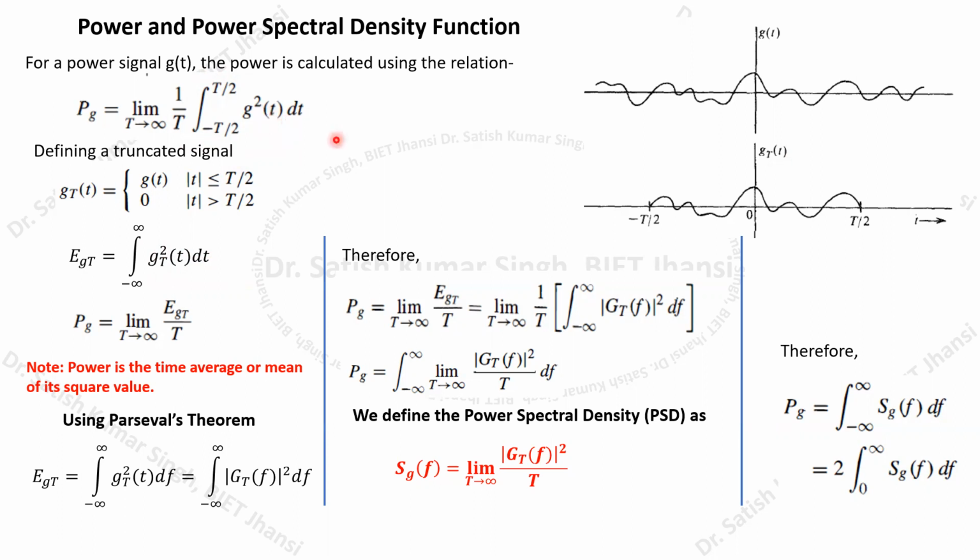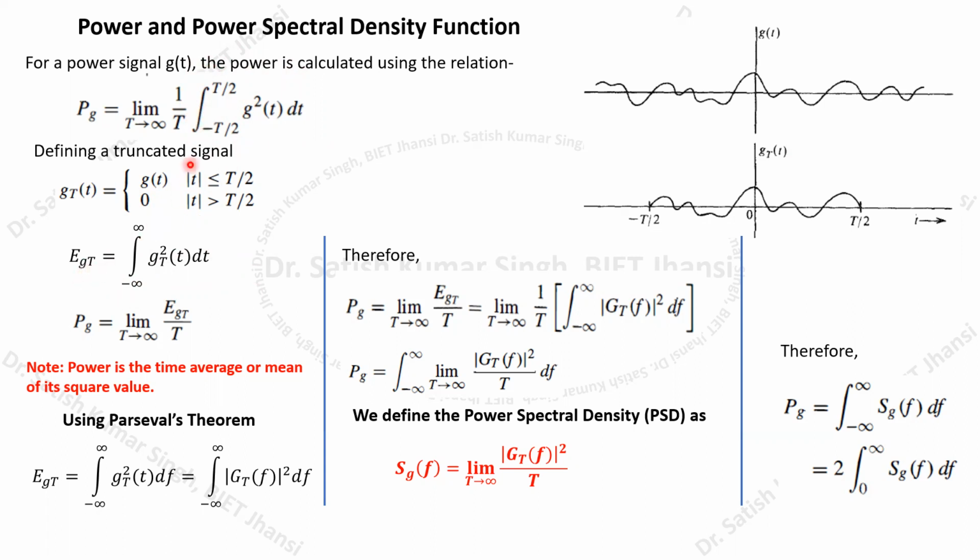If you consider that this g(t) is actually made up of this g_T(t), just the repetition of this particular truncated signal, then we can redefine this particular interval from minus T by 2 to capital T by 2. This particular integration will be giving you this particular E_gT value.